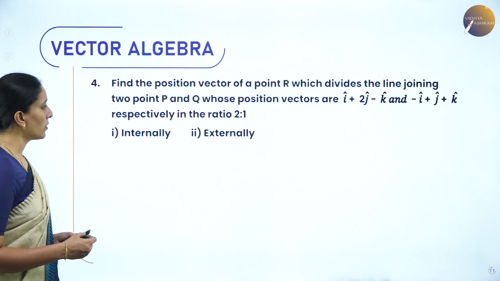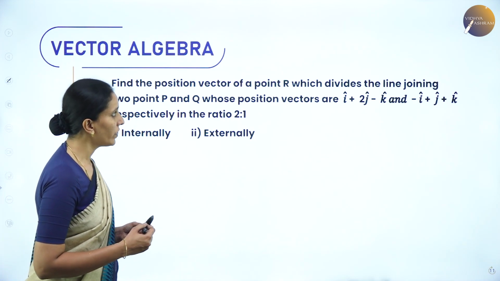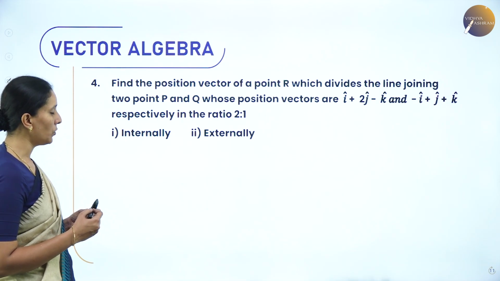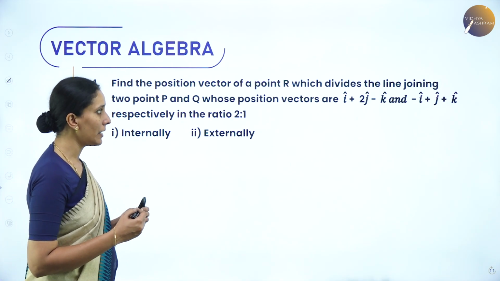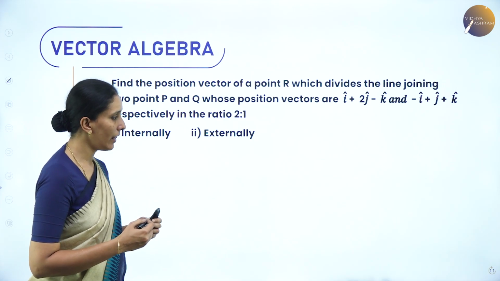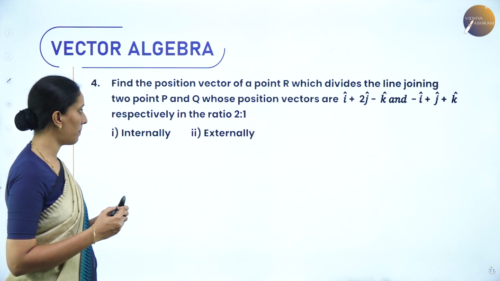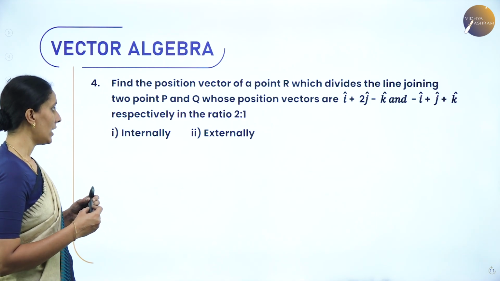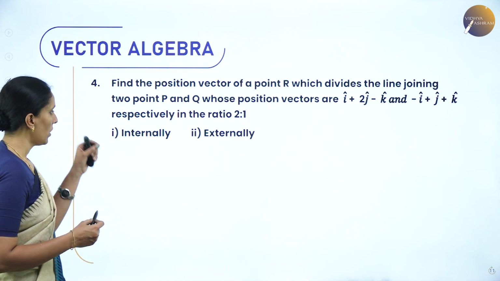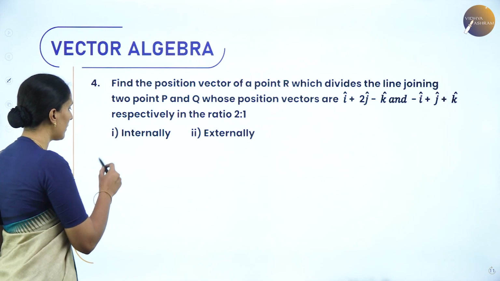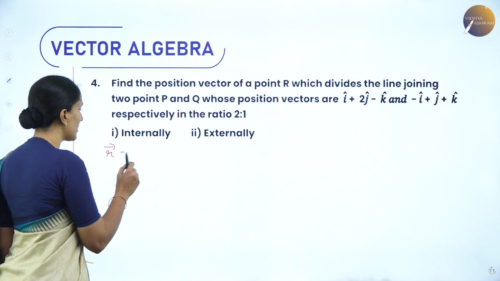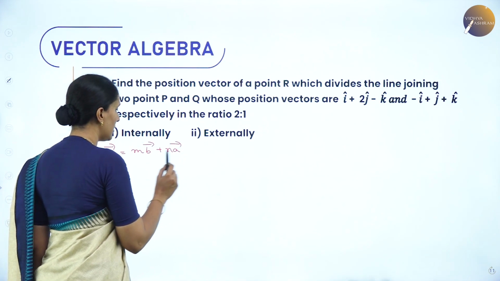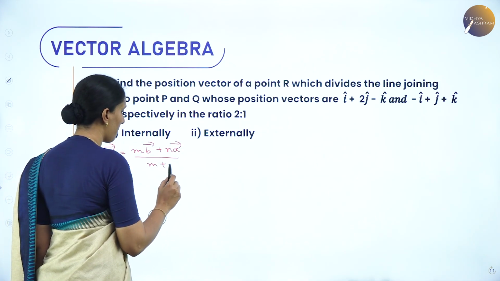Next, find the position vector of a point R which divides the line joining two points P and Q, whose position vectors are i plus 2j minus k and minus i plus j plus k respectively, in the ratio 2:1 internally, externally. When it comes to the internal, then vector R is given by (mB plus nA) divided by (m plus n).